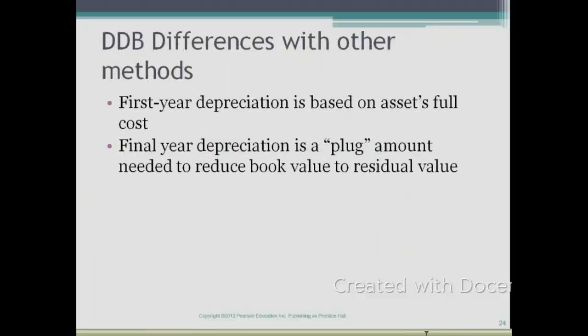Again, when you're using the double declining balance method, in the first year, your depreciation expense is based on the asset's full cost. But the final year's depreciation is a plug amount, and basically what you do is you take your book value, subtract your residual value to come up with your final year's depreciation expense.